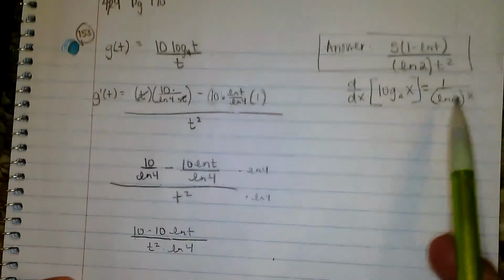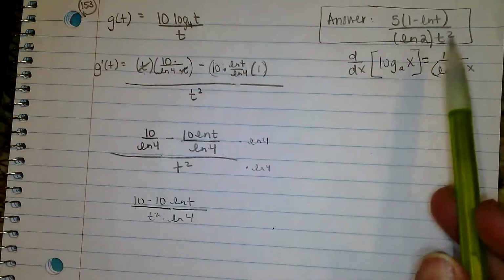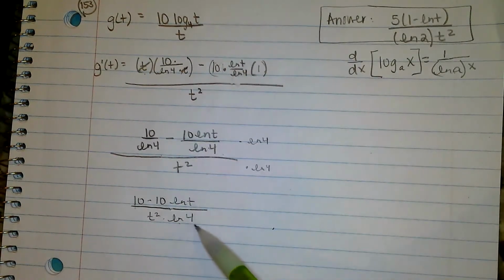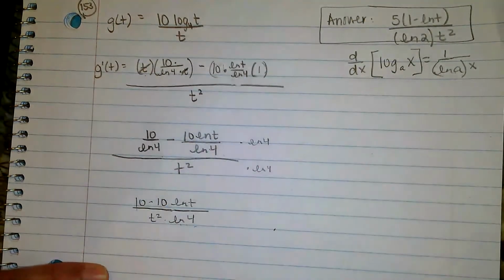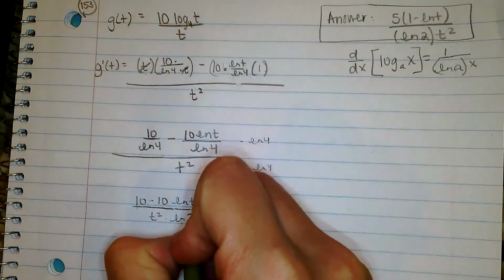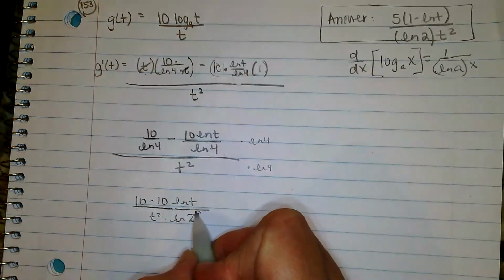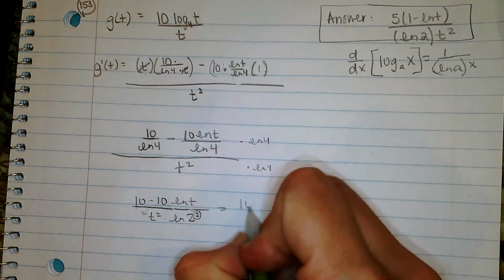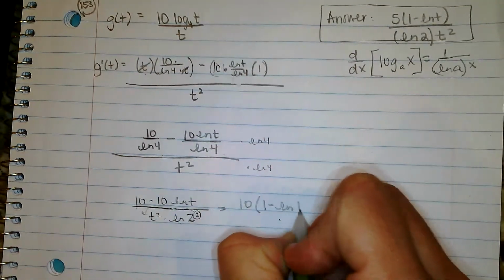And you look at the final answer and you're looking at a natural log of 2, which seems odd. We're looking at a natural log of 4. So how would that happen? Well, going back to your log rules, if you think of 4 as 2 squared, anytime you can grab an exponent, that exponent of your log can come out in front. So in my tens, I can factor out the 10, 1 minus natural log of t.